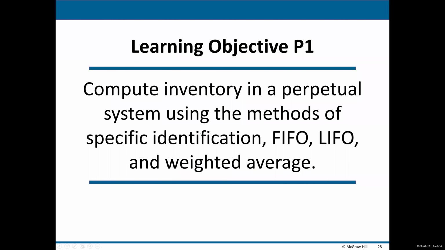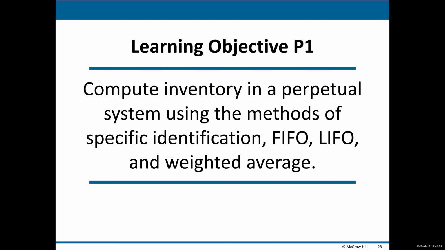Now, your homework is going to be based on the perpetual system using the methods of specific identification, FIFO, LIFO, and weighted average. I wanted to give you a good, solid foundation about how FIFO, LIFO, and weighted average work.